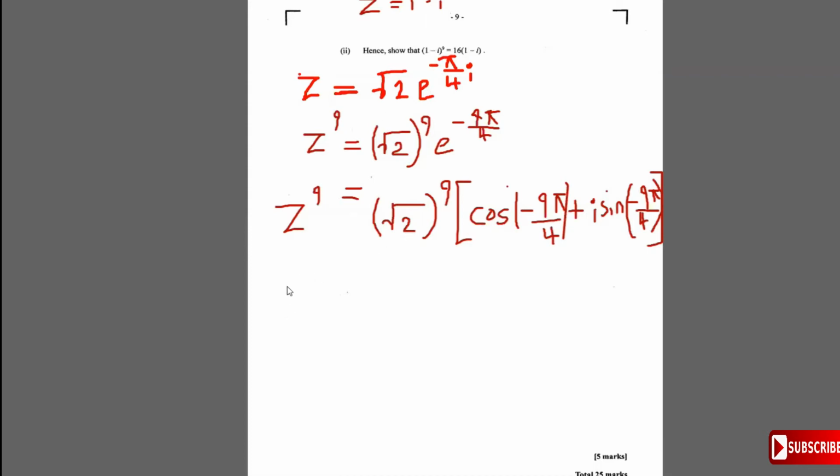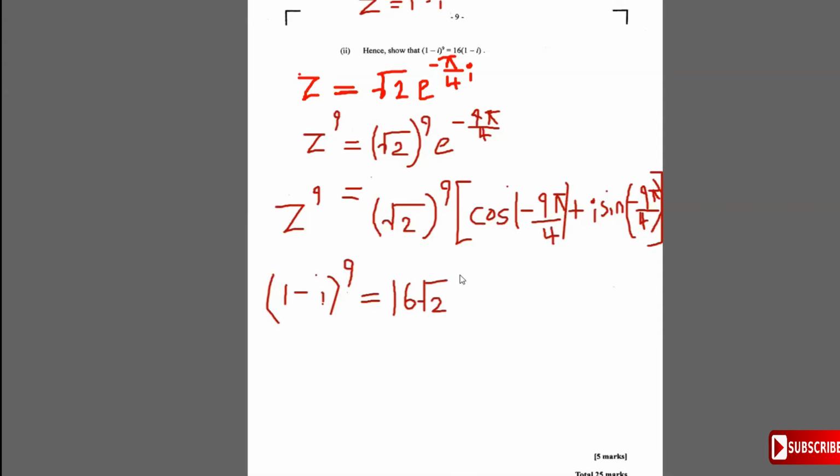So z to the 9, which is this, is saying that 1 minus i to the 9th power is equal to, putting this in a calculator, root 2 raised to the 9th power, which is 16 root 2.